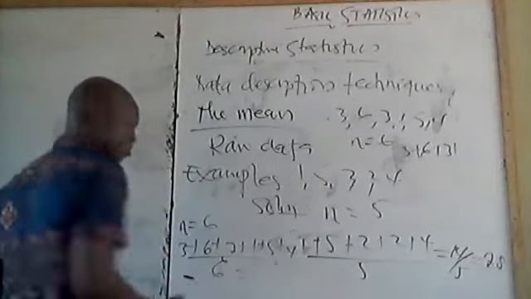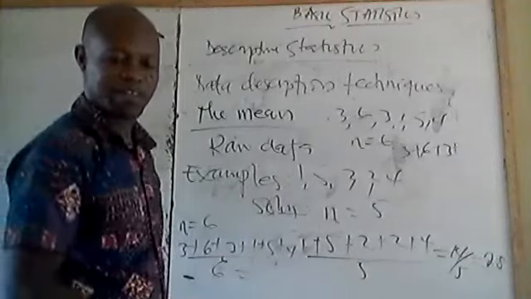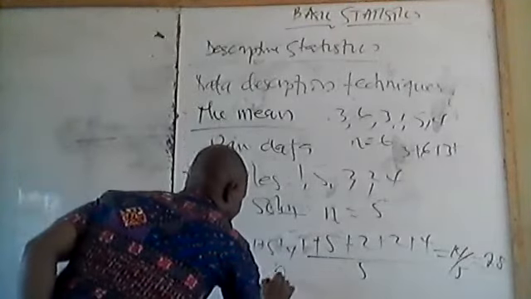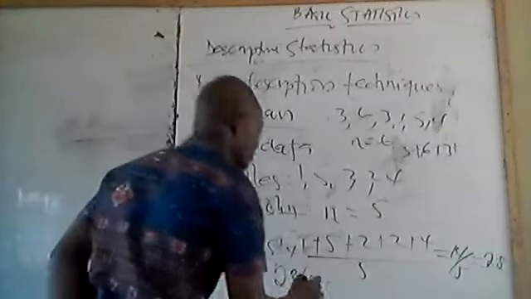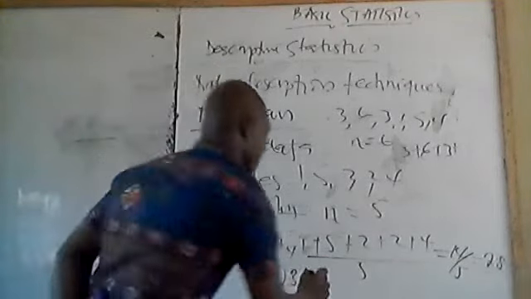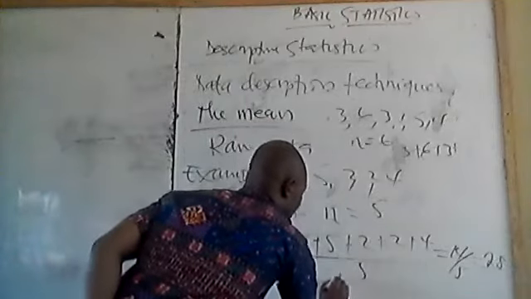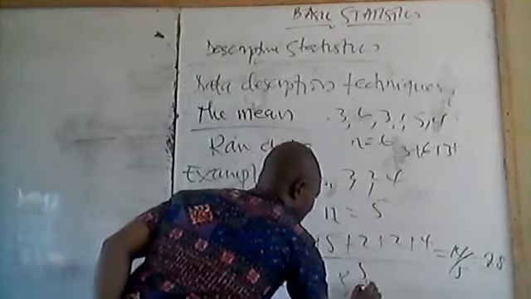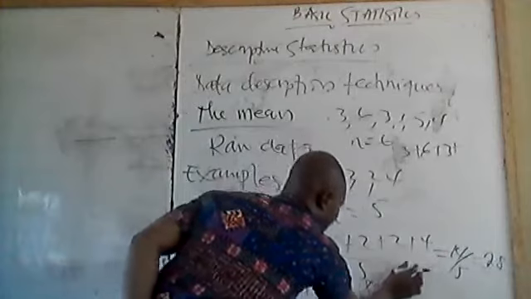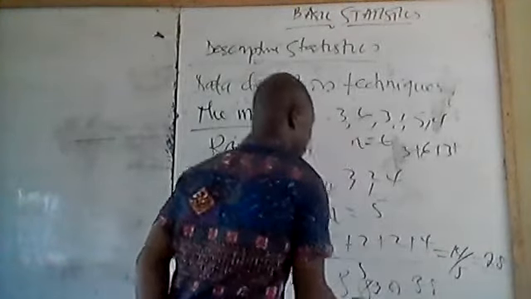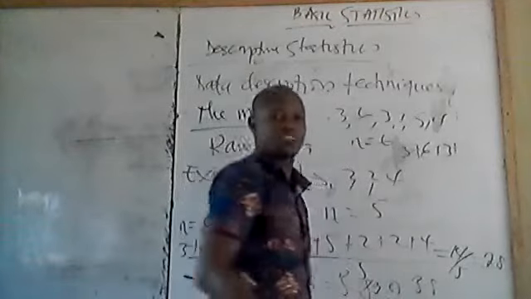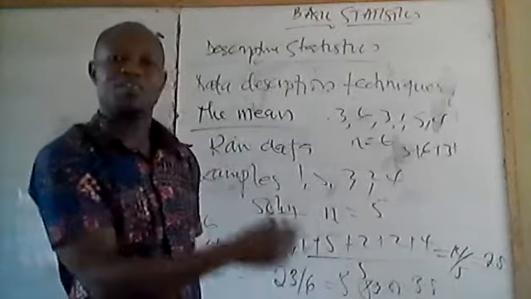When we do this, we get 23 over 6, and the final answer is 3.83 to two decimal places, or 3.8 to one decimal place. That becomes the mean for this set of data.